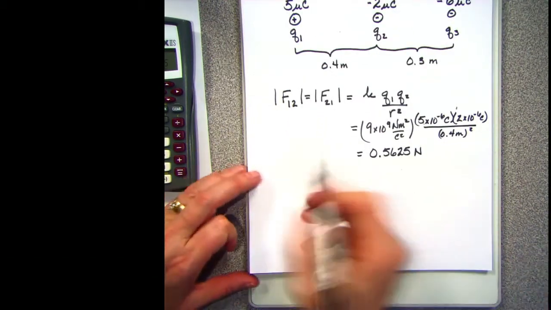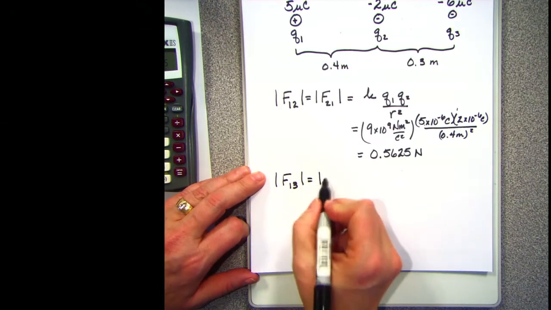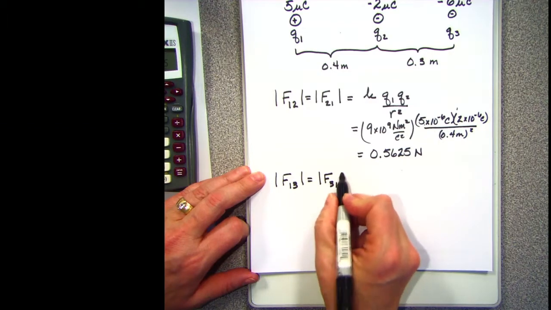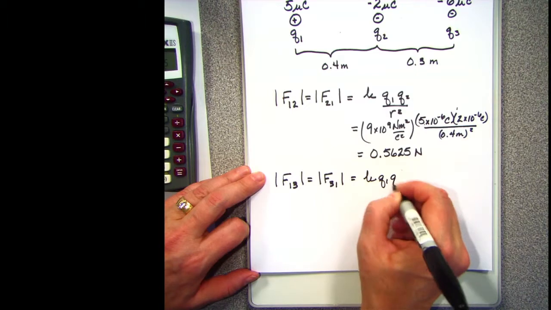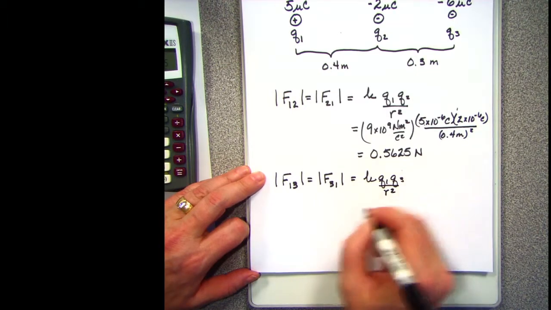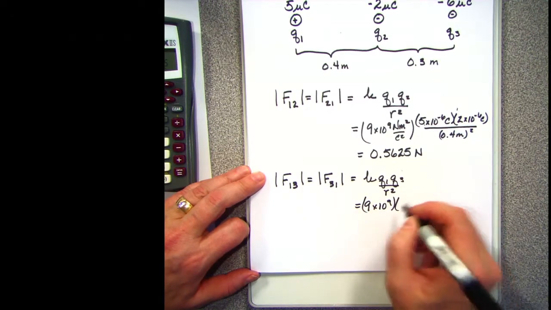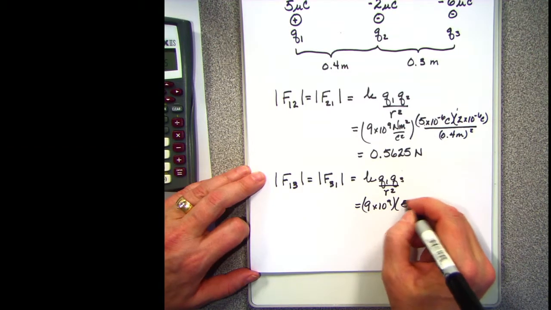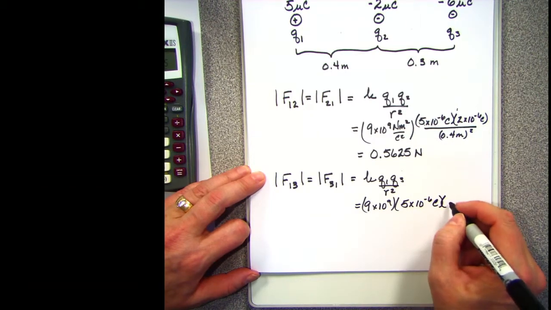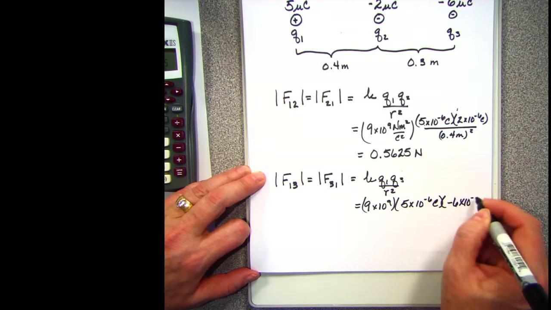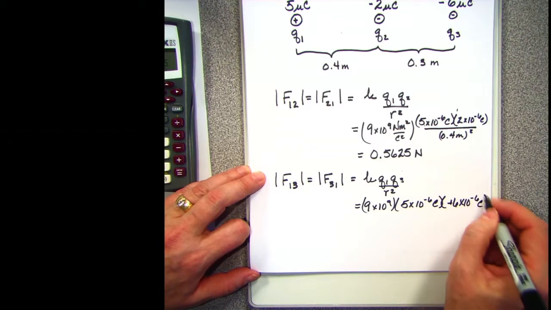Now I'm going to do the force between charges 1 and 3. Subscripts help me keep track of which forces I'm playing with. So this time it's K Q1 Q3 divided by R squared. I get my 9 times 10 to the 9th, and on my picture I've got my 5 times 10 to the minus 6 coulombs and my 6 times 10 to the minus 6 coulombs, except I don't have to worry about the sign because I'm just doing magnitude.